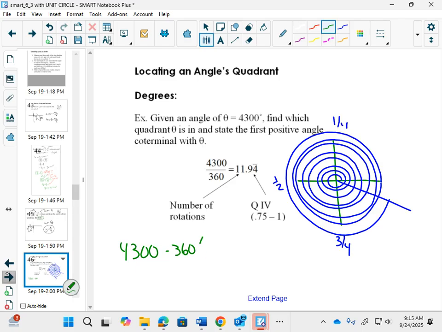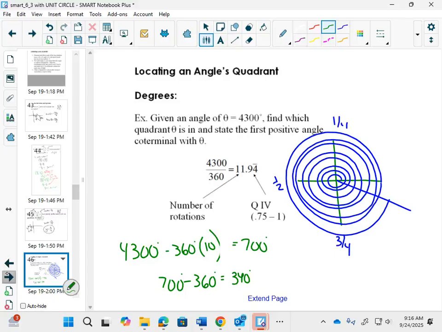Mental math-wise, I think to start off I would take away 10 360s, because mathematically that would be easy for me to figure out. 4,300 minus 3,600 gives me 700 degrees. Still over once around. I would then say, okay, I'm going to take 360 and minus that again. And I get 340 degrees. If it was without a calculator, that's what I would do. Can you see that 340 degrees is in quadrant 4?